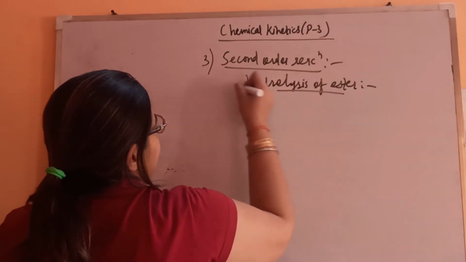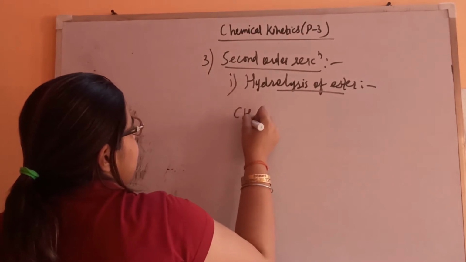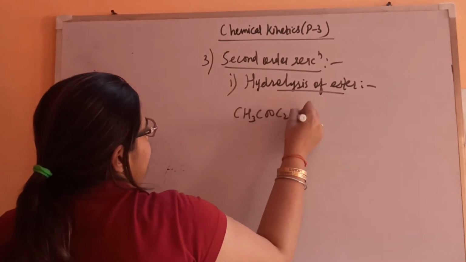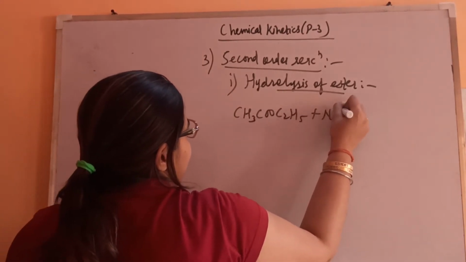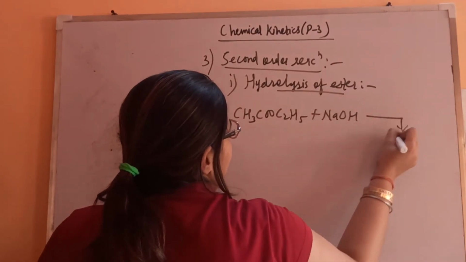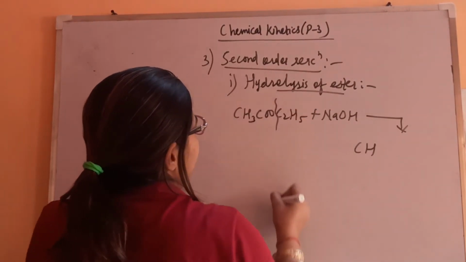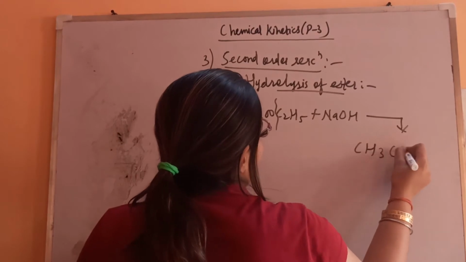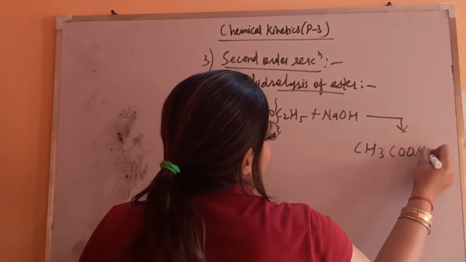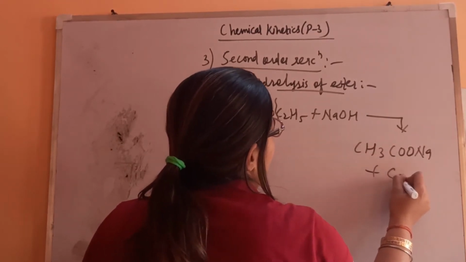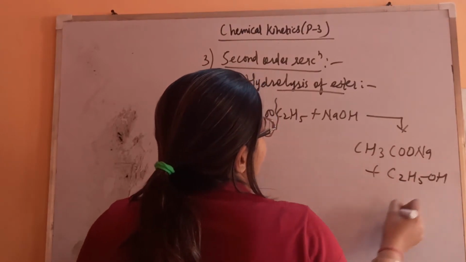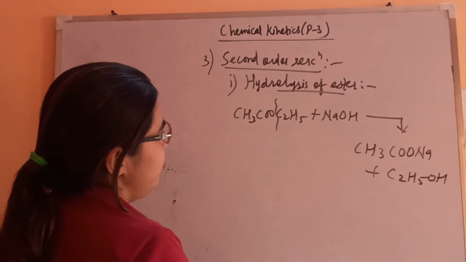An example of second order: this ester, CH3COOC2H5, will react with NaOH and gives you what? It will break from here: CH3COONa plus C2H5OH.